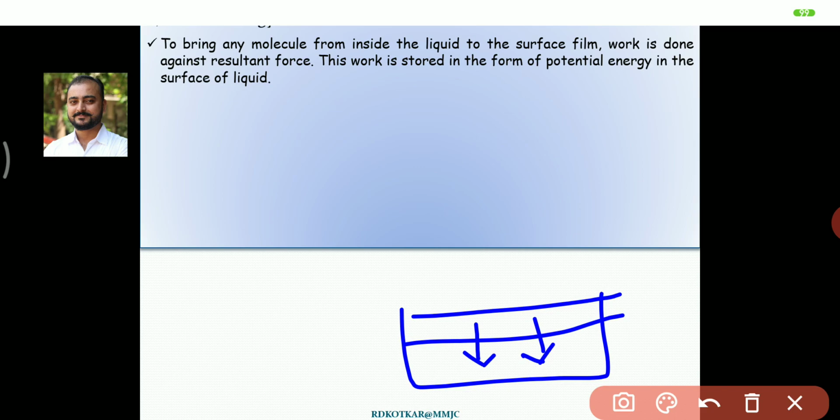When many molecules move in the downward direction, some molecules will try to move in the upward direction also.